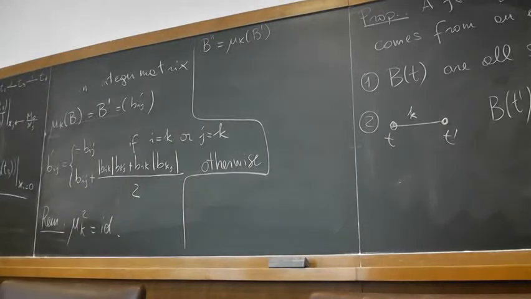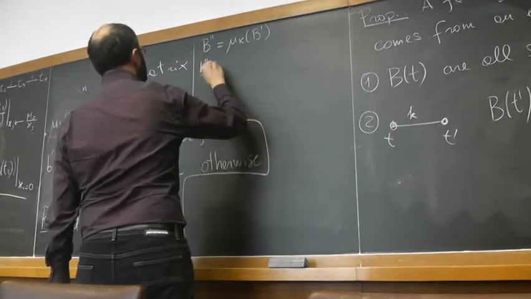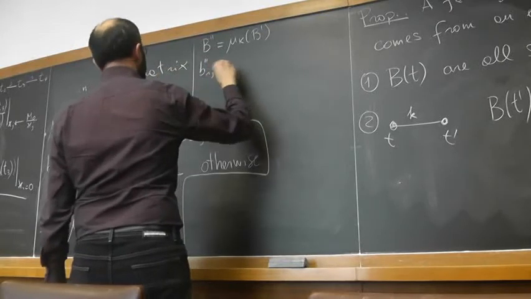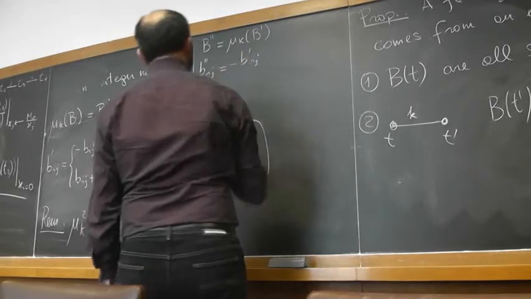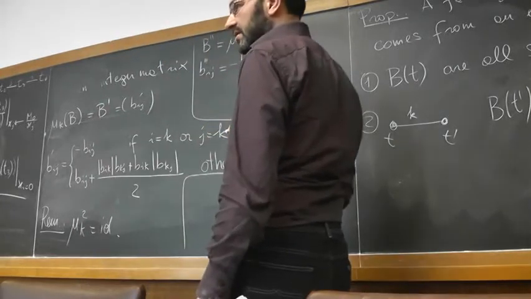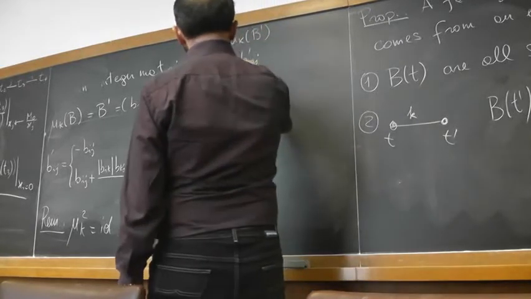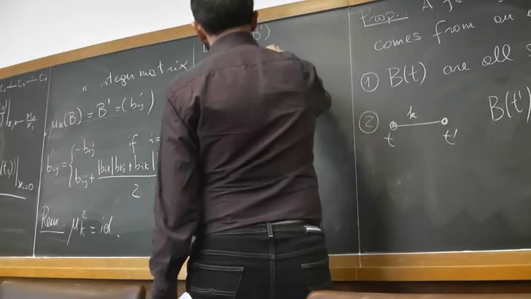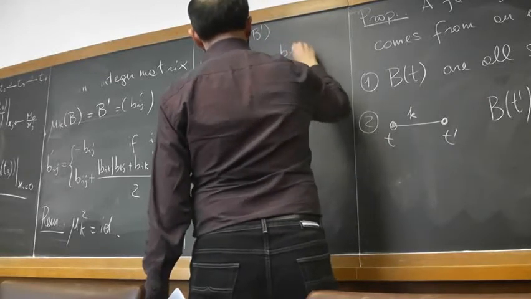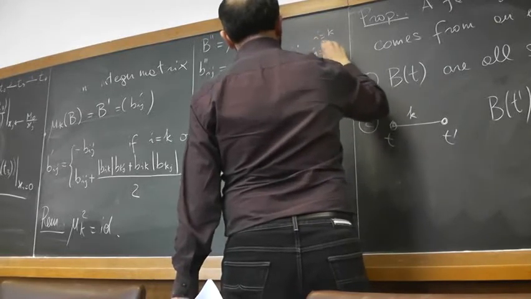We see that B double prime is B. So B double prime ij is minus B prime ij if i equals k or j equals k, and in this case we have that this is Bij.